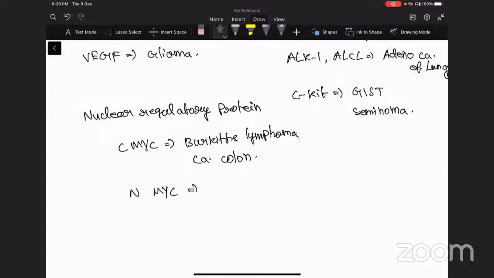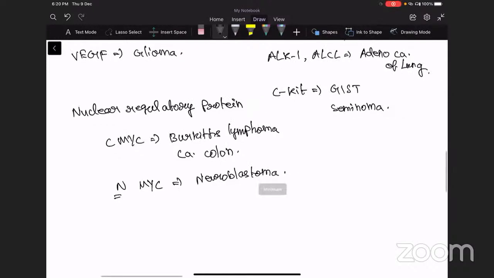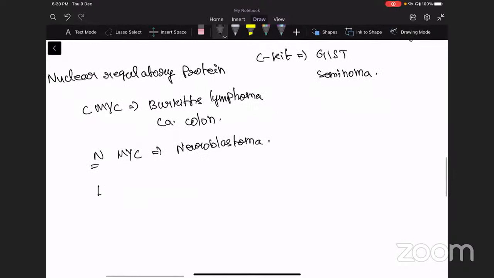N-MYC, N for neuroblastoma. L-MYC, L for lung cancer, mainly the small cell variant of lung cancer.